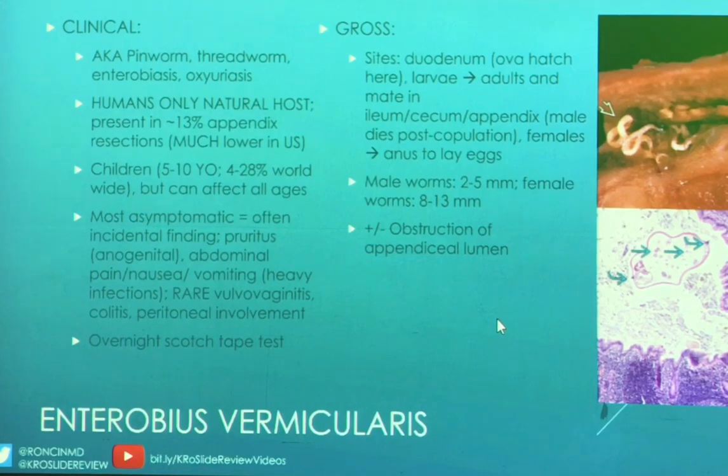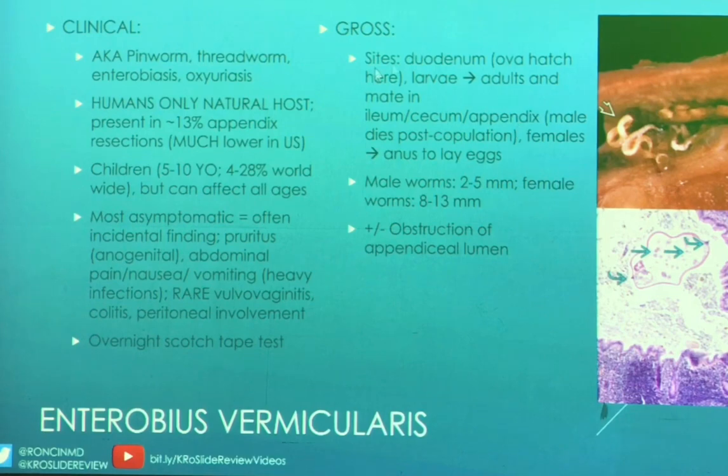And so we do the overnight Scotch tape test, or the tape test, which is where you put tape over the perianal region and over top of the anus itself, and you will actually catch the eggs and maybe even the worms on the tape. That can be taken in and tested.